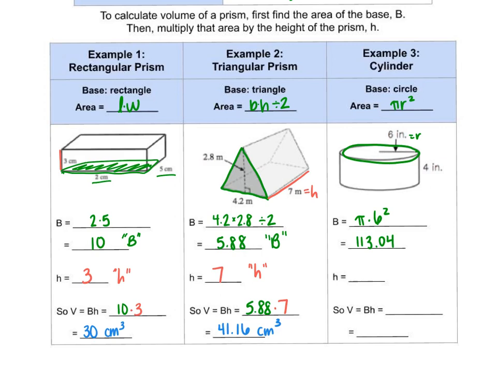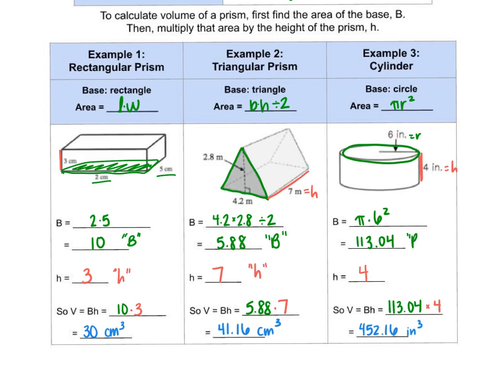Next up, just like the other two, the height here would be this 4 inches. So my final volume is going to come from the area of my base circle, that 113.04, times the height of that cylinder, which is 4, and I get an answer of 452.16 inches cubed.